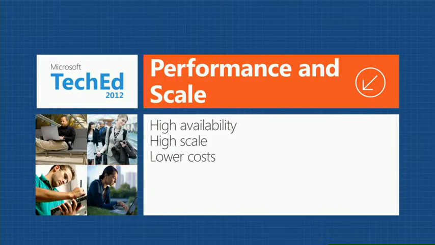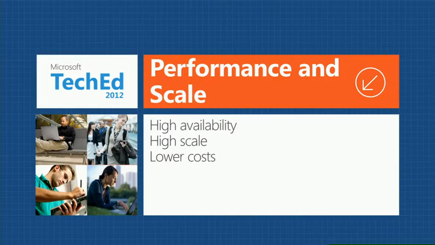Performance and scale. With the improvements we've made in Server 2012, one of the things that we realized is that to be a competitive offering for enterprises, especially large-scale enterprises with global deployments, we need to be able to scale up and scale out effectively and with minimal infrastructure cost to the enterprise.